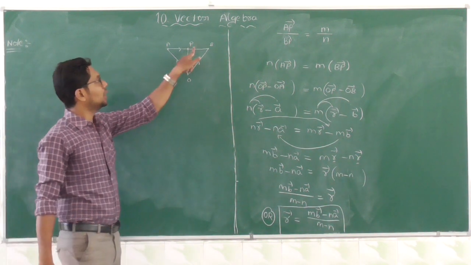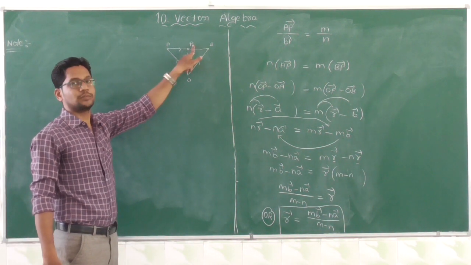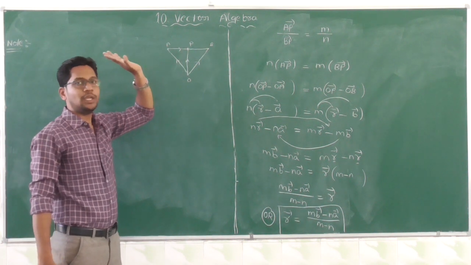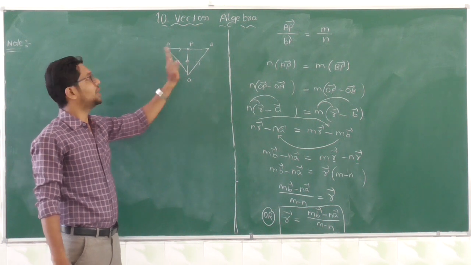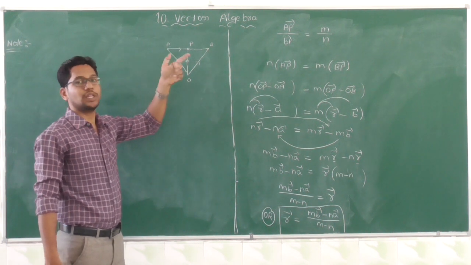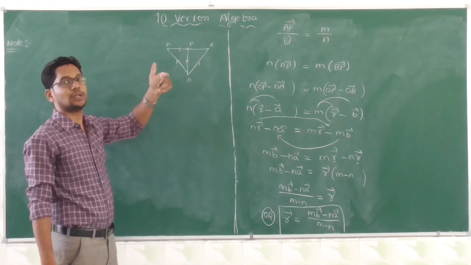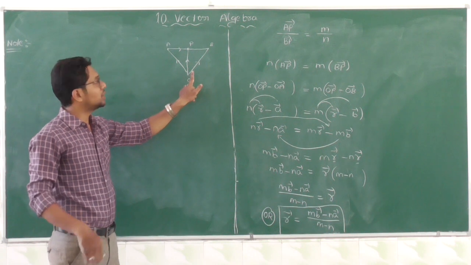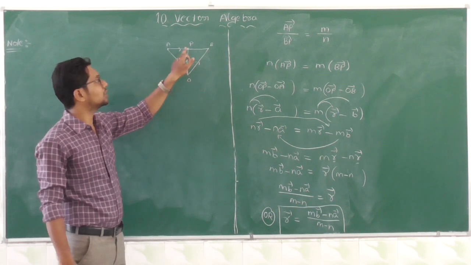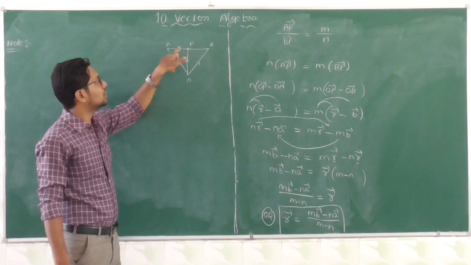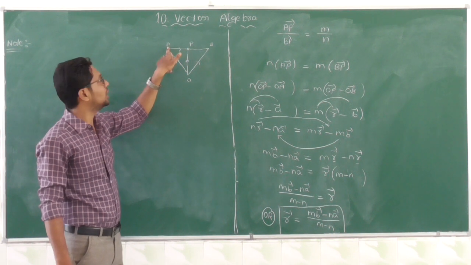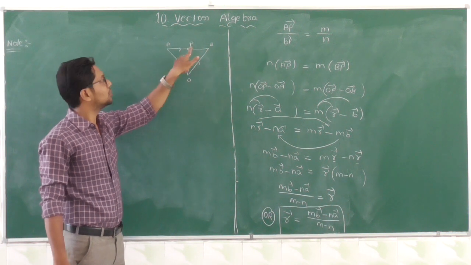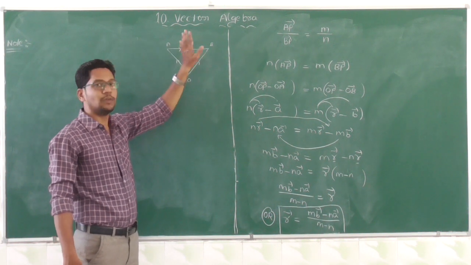Now, just imagine if P is the midpoint of AB vector.